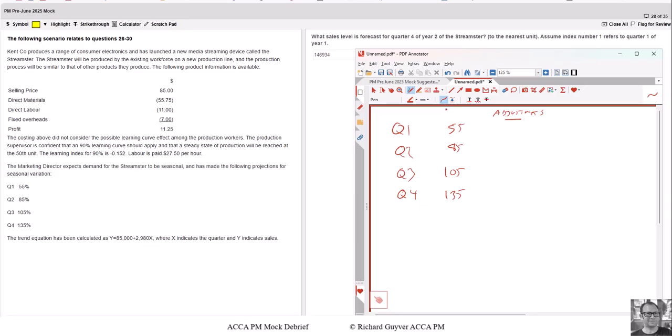And what is often forgotten is when we're doing seasonal variations, we often have to make adjustments. When we're using this model, the multiplicative model or the additive model, we have to make adjustments. And with this model, what we must do is total these up, and that comes to 380. Now we've got 4 quarters, so this should total 400. Similarly with additive, they should cancel out to nil. So we end up with a balancing figure.